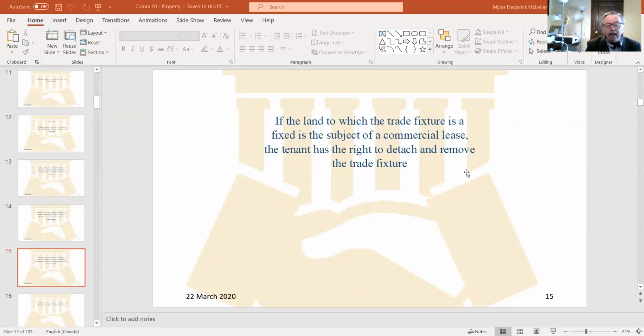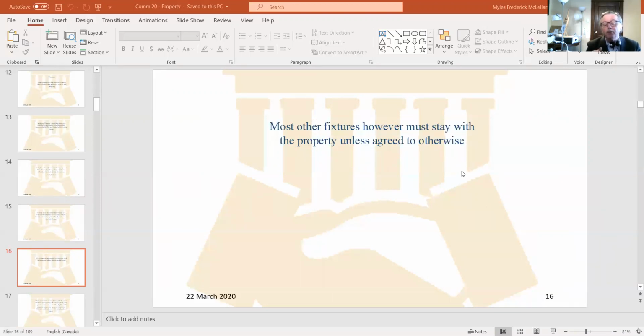The tenants who bring them with them for the purposes of carrying on business will have the right, almost inevitably in every commercial lease, to, when their tenancy terminates, basically unbolt the machinery from the floor and take the machinery with them to their next location, in which again they'll probably refix them to a new piece of real estate.